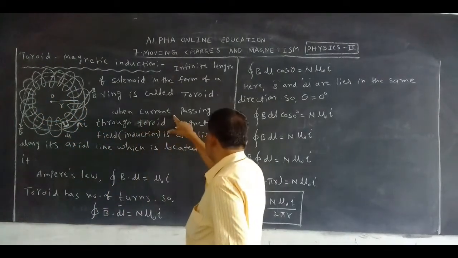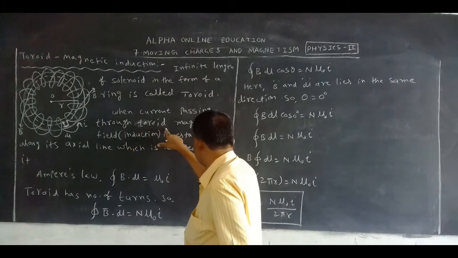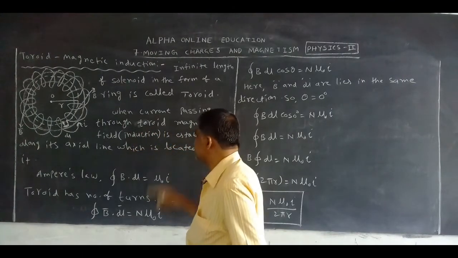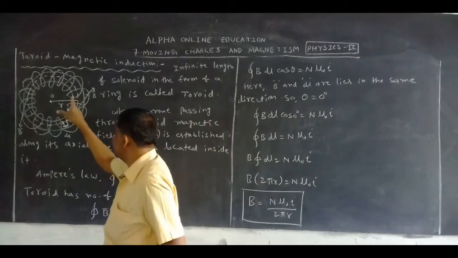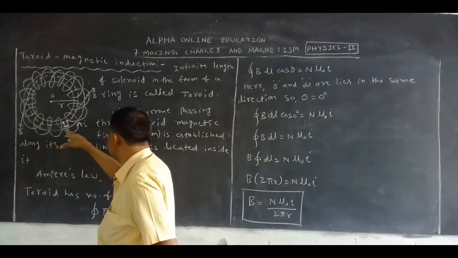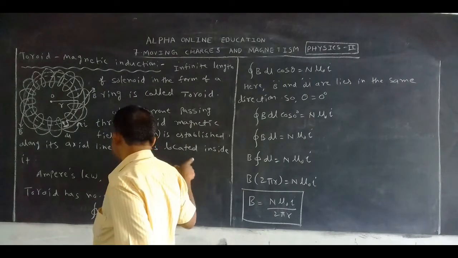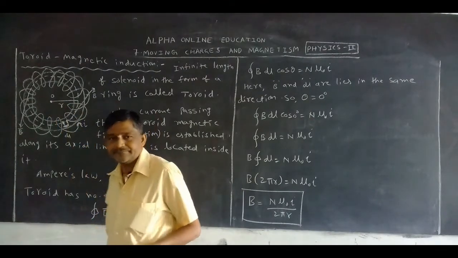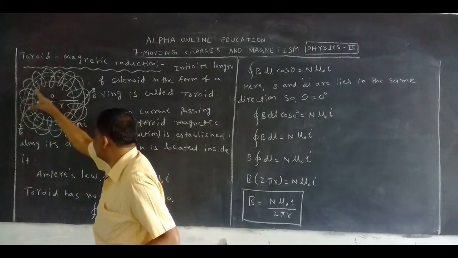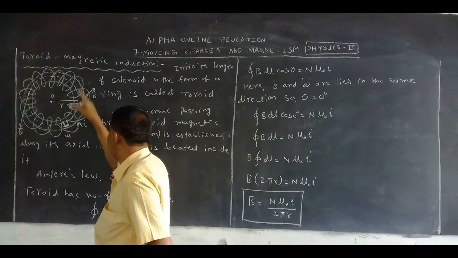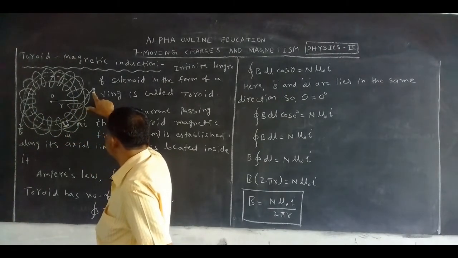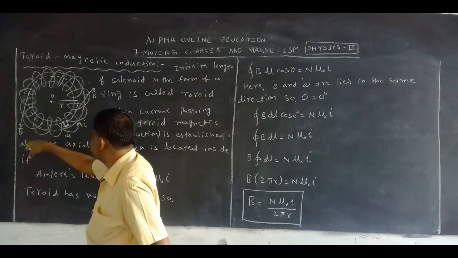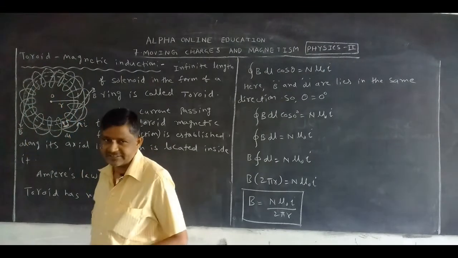When current passes through the toroid, the magnetic field or induction is established along its axial line, which is located inside it. This dotted line is the magnetic field, in the tangential direction.